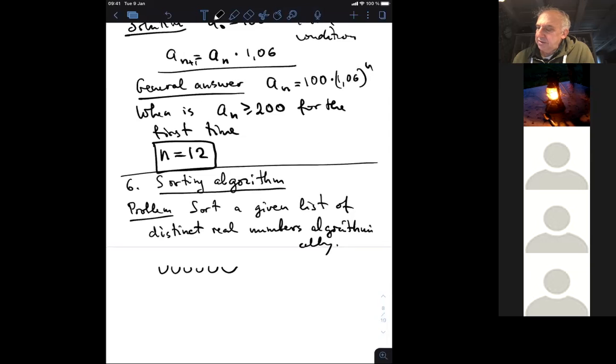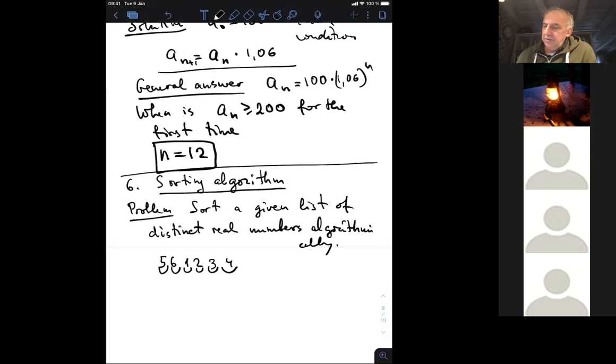Let me take integers for simplicity, say. So 6 numbers here. Okay, so I'm giving you 5, 6, 1, 2, 3, 4. So this is a permutation, but for my application, it doesn't matter. Can be any real numbers.